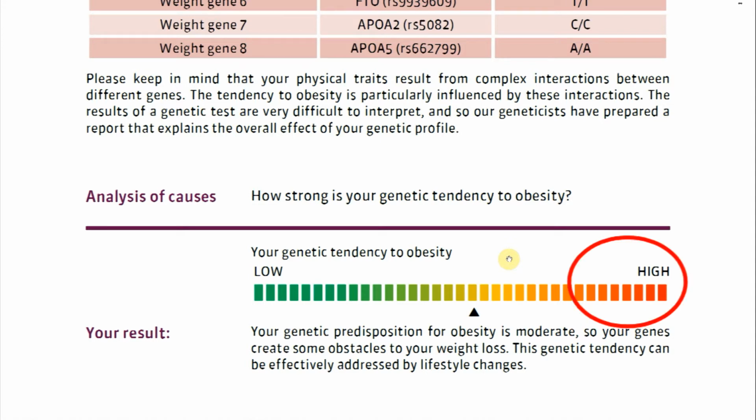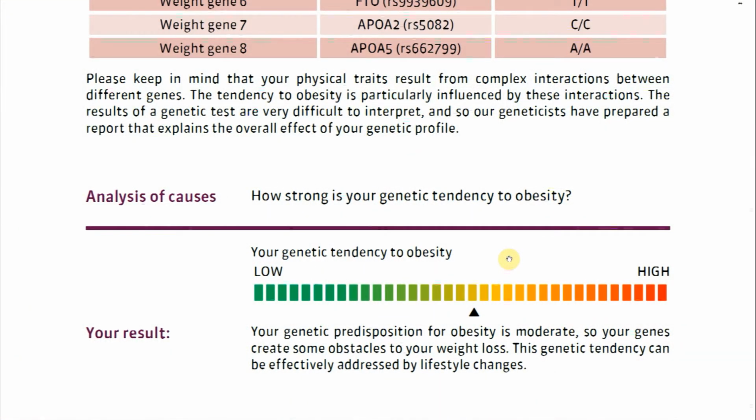If you're up here, it means kind of the opposite. It means that most of your genes predispose you to be overweight. So it's not really a problem of your lifestyle, although it is part of the problem, definitely. But the genes, your genetic tendencies, things you've inherited, are part of the problem, and a big part of the problem. Now, don't be discouraged if your arrow is here, because it means your genes are making it difficult. However, through this genetic test, we have now found out how they cause this predisposition to obesity.